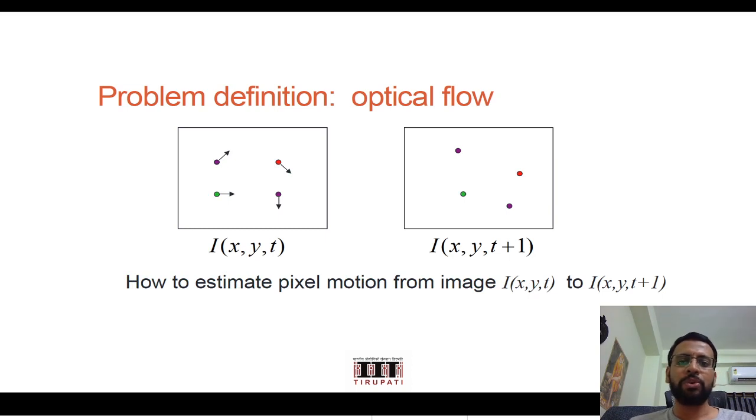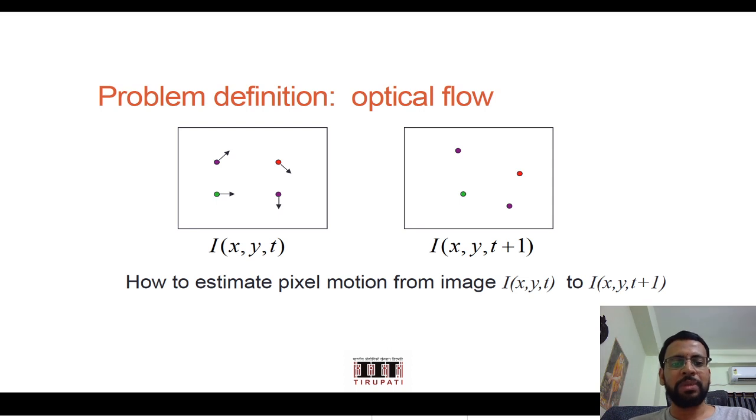To get some intuition about the optical flow methods, this slide helps you. Assume that you have 3 points in 3 different colors as shown on the left-hand side of this image, and assume that they are moving, and you have the next frame at the next time instance. Initially let's call it I of x, y, t.